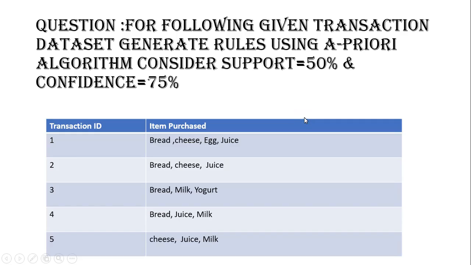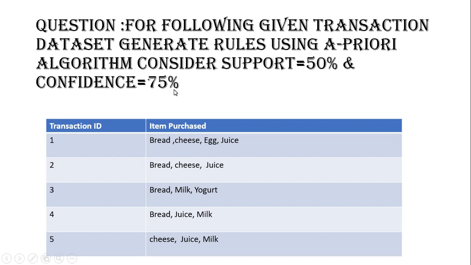Now the question is given in front of you. The question: for the following given transactions data set, generate the rules using the Apriori algorithm. Consider the support equal to 50% and confidence equal to 75%.